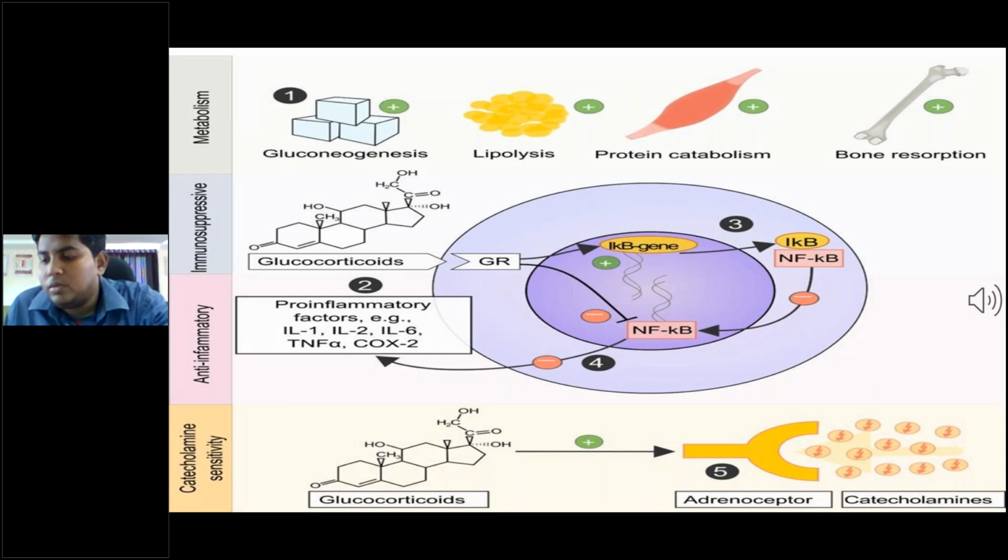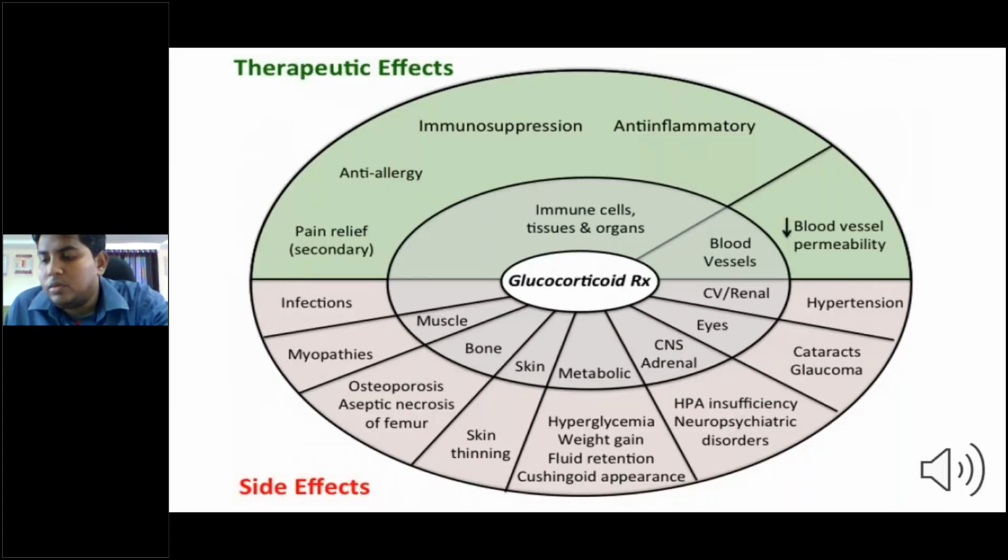The side effects, as we already discussed, start with glucose metabolism. If used in excess, because of its positive effect on gluconeogenesis, there will be hyperglycemia, weight gain, fluid retention, and Cushingoid appearance. Because of bone resorption, the side effects include osteoporosis and avascular necrosis of the femur.